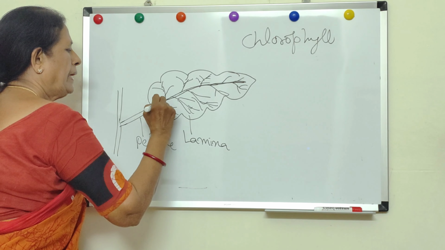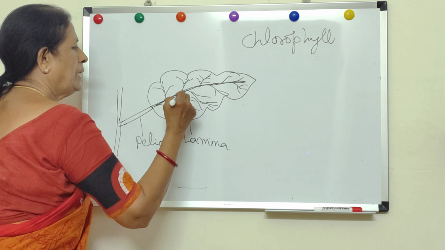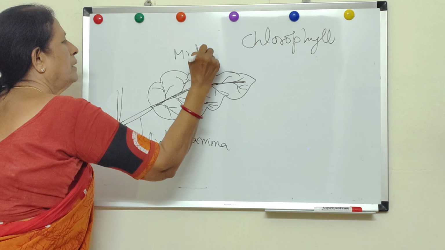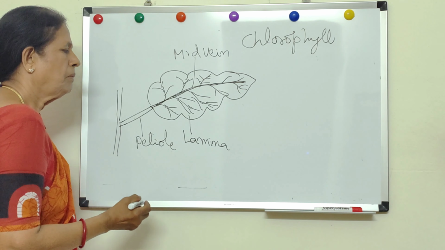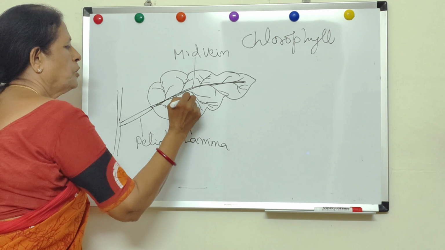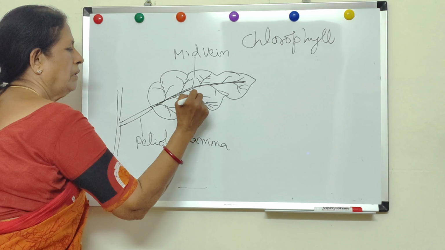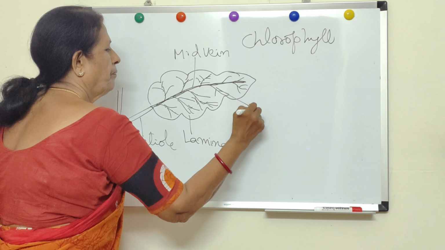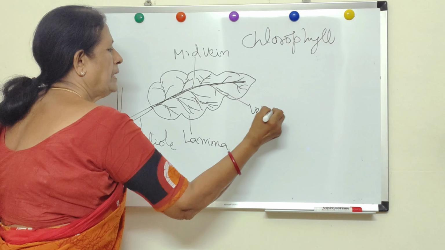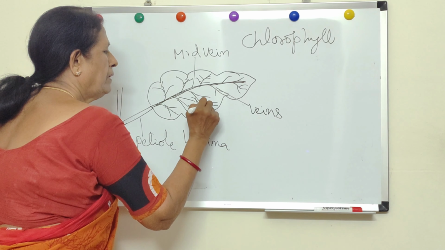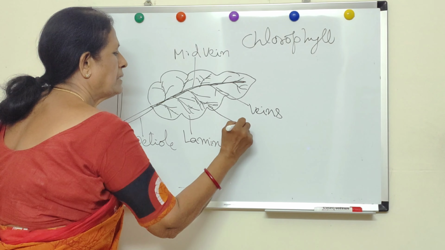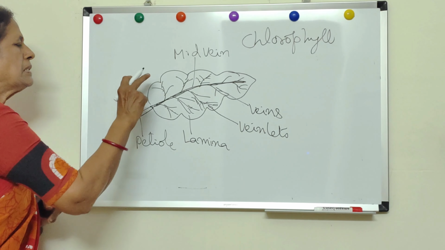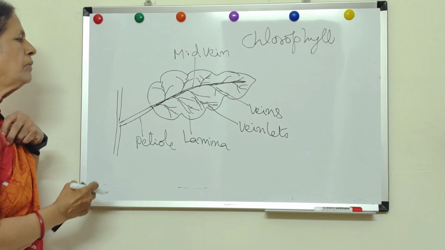The deep line in the middle of the leaf is called the midvein or midrib. From the midvein, many smaller lines appear, which are called veins. These veins further divide into smaller lines called veinlets. So this is the external structure of a leaf.